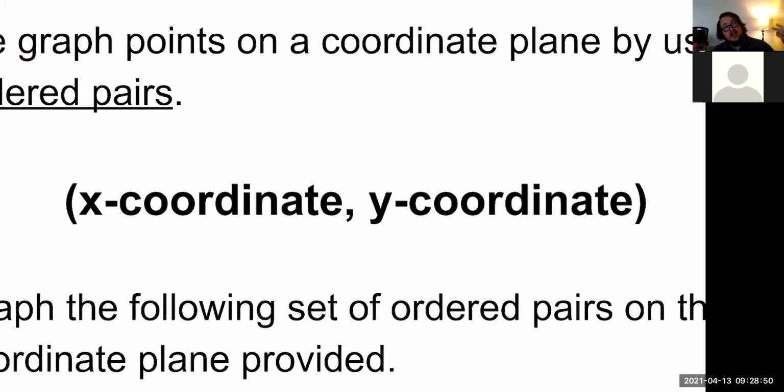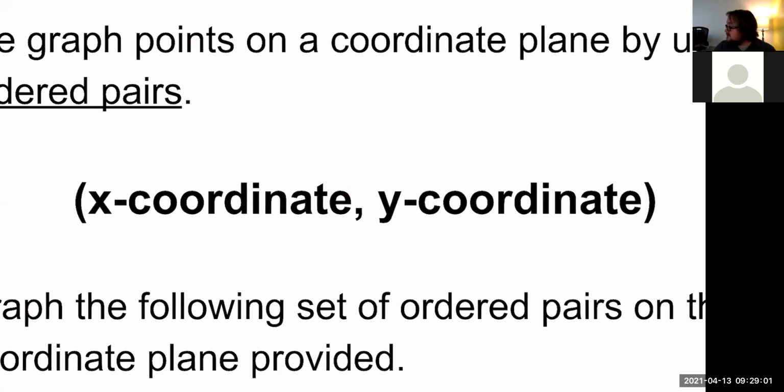It's going to be wrapped in parentheses, x coordinate first, comma, and then followed by the second coordinate, which is the y coordinate. The x coordinate is going to tell you one of two things.